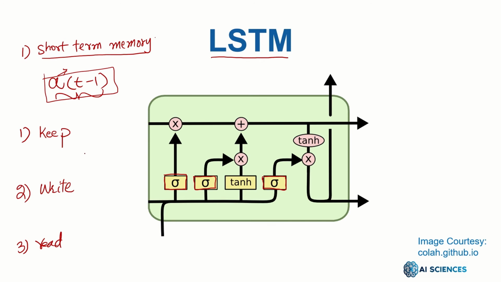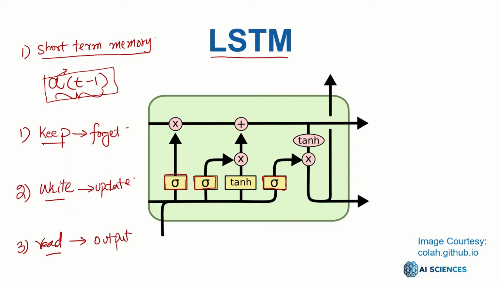Although in the recurrent neural network literature, the keep gate is sometimes known as the forget gate. The write gate is really the update gate, and the read gate is sometimes known as the output gate. But I will follow keep, write, read because it brings a beautiful intuition for understanding LSTMs.